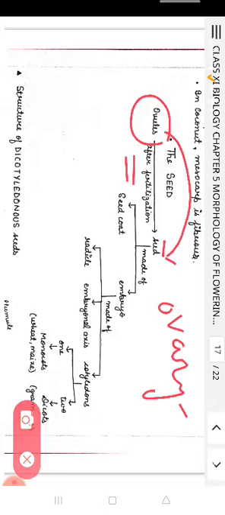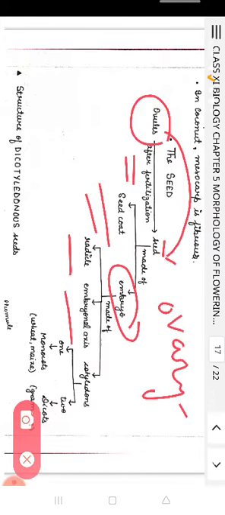Now, a seed has 2 parts, the outer seed coat and the inner embryo. The embryo is made up of radicle, embryonal axis and cotyledon. If one cotyledon is present, it is known as monocot, and if there are two cotyledons, then it is known as dicot.